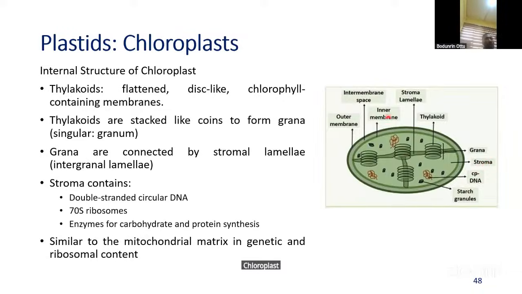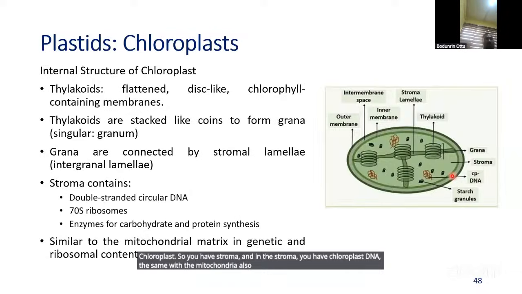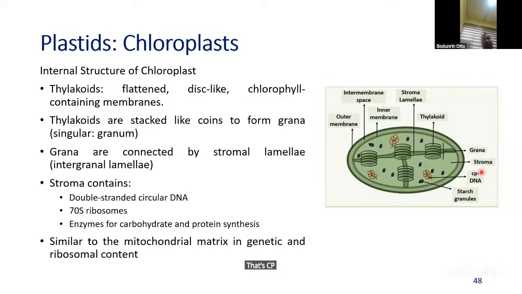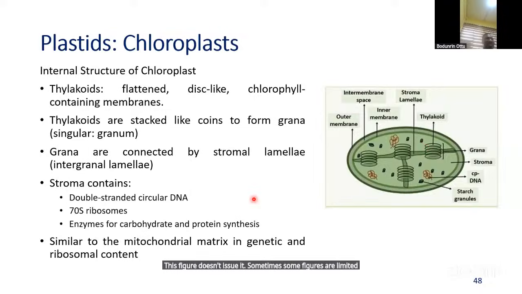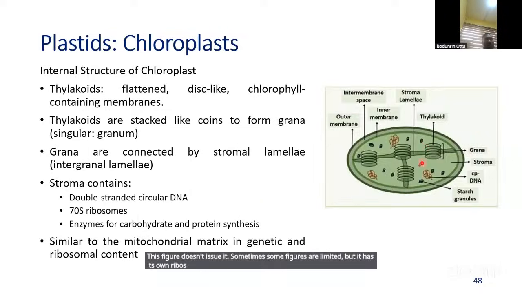So in the stroma, you have chloroplast DNA, the same way the mitochondria also has its own mitochondrial DNA. Chloroplast has cpDNA, chloroplast DNA. And then it also has its own ribosomes. It's not shown here, this figure doesn't show it, sometimes some figures are limited, but it has its own ribosomes, and they are also 70S.